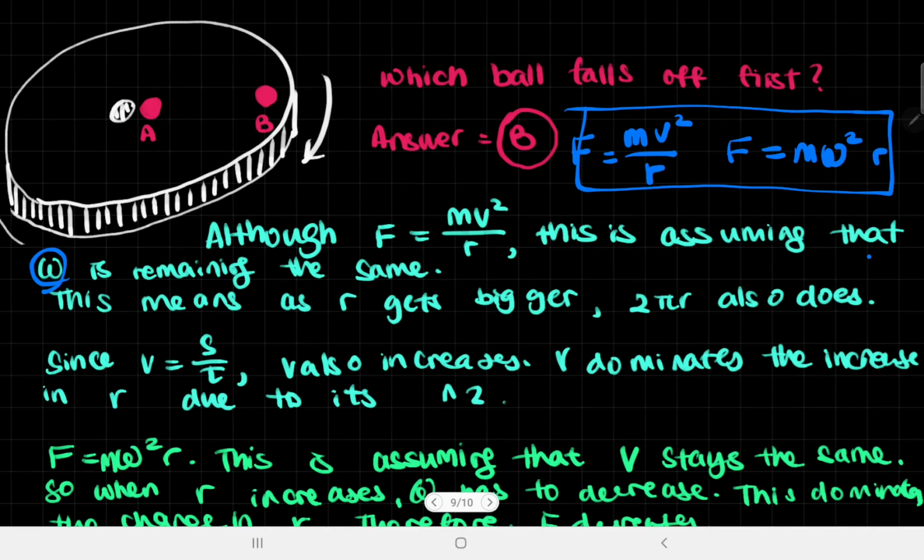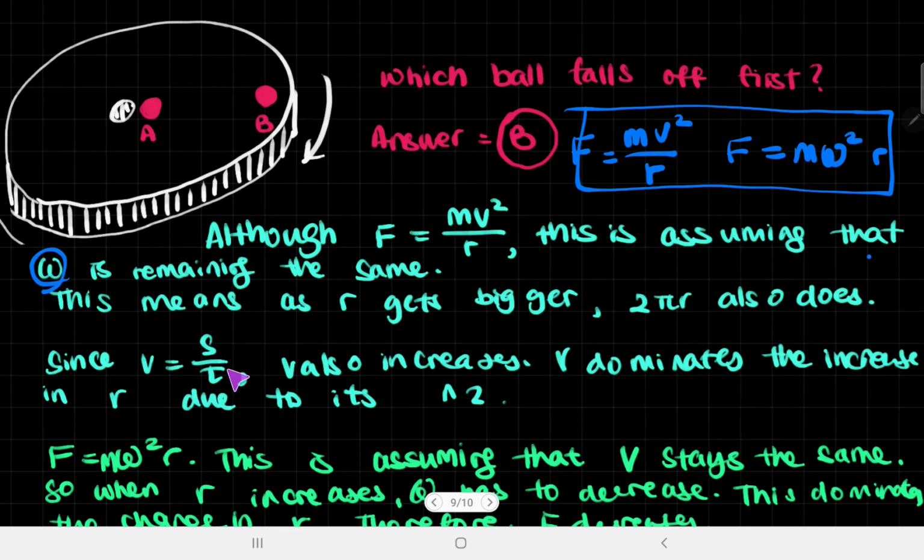So if omega is fixed and r becomes bigger, that means it is still going to go through the same amount of rotations per second, because the angular velocity is remaining the same. However, when r becomes bigger, 2 pi r, the circumference, also does. So because the angular velocity is the same, only the distance that it travels is increasing, that means that the velocity will increase, because the velocity is the distance divided by time.